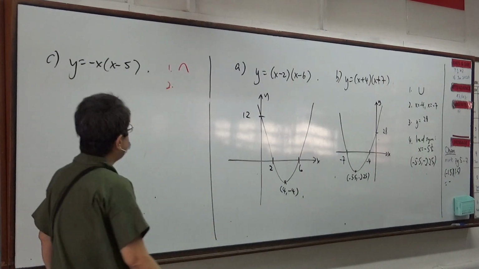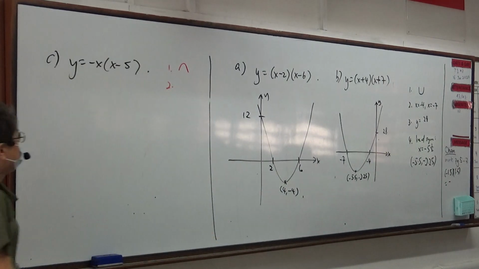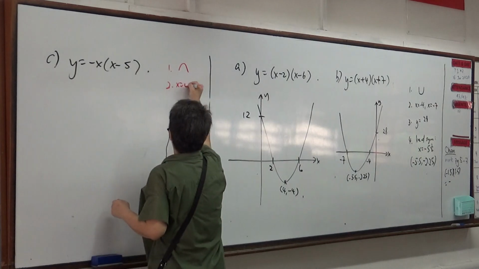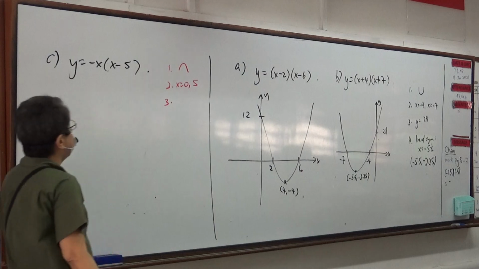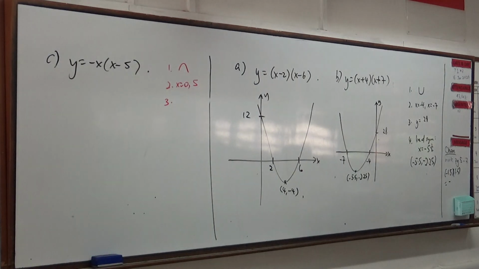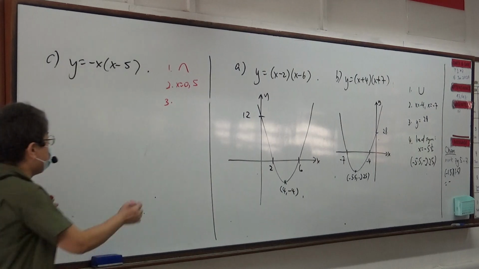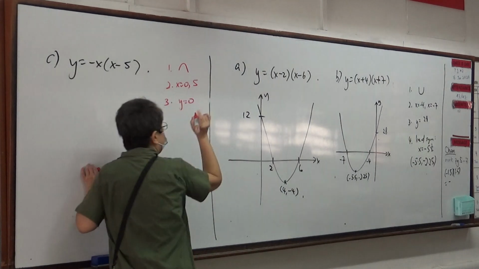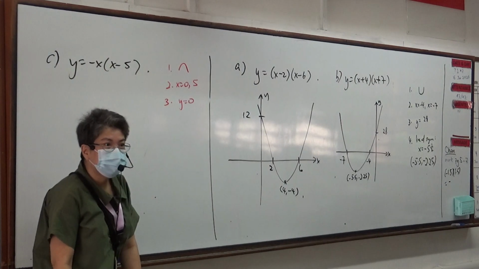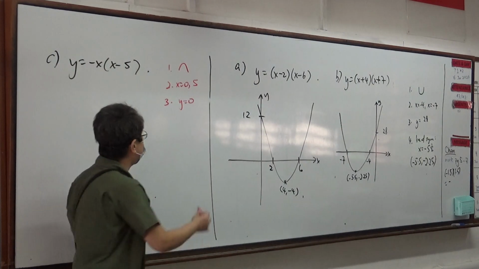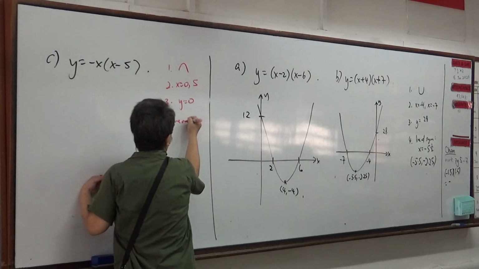Number 2, what is the x-intercept? 0 and 5. What is the y-intercept? When x is 0, it is 0, right? Now, this one will tell you it cuts the origin. Can you see it cuts the origin? Yes or no? Okay.